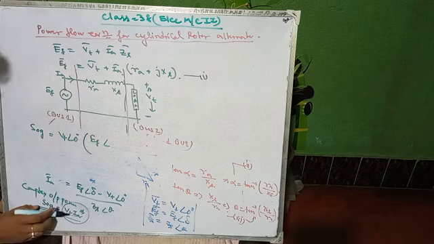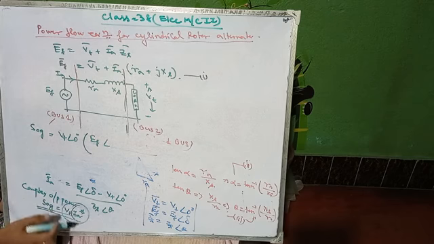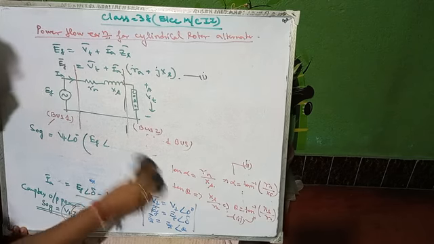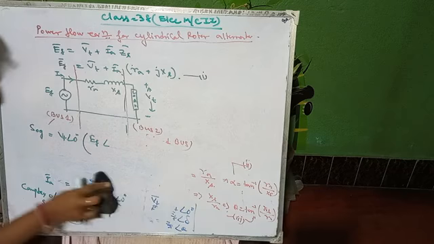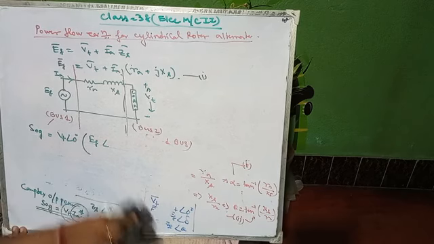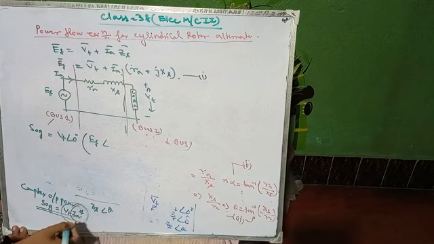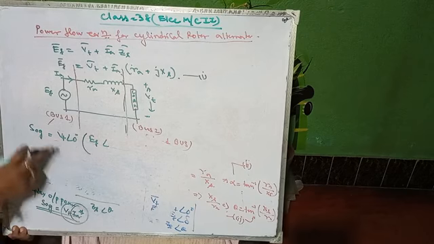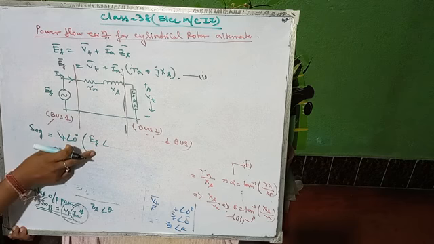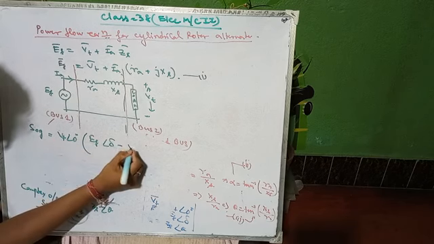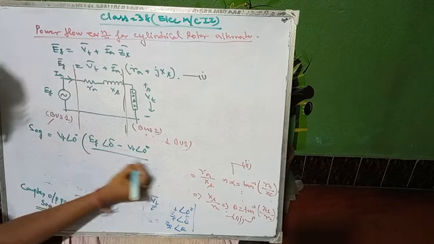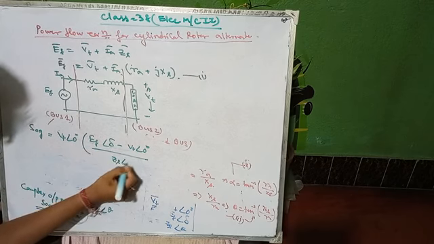Because Vt is the terminal voltage, Ia is the output current, and the complex conjugate of the Ia output current is taken as absorbed by the load. So SOG equals Vt angle 0 degrees times the conjugate of (EF angle delta minus Vt angle 0 degrees) by Zs angle theta.